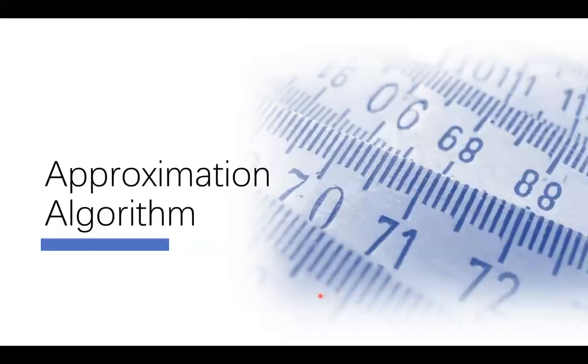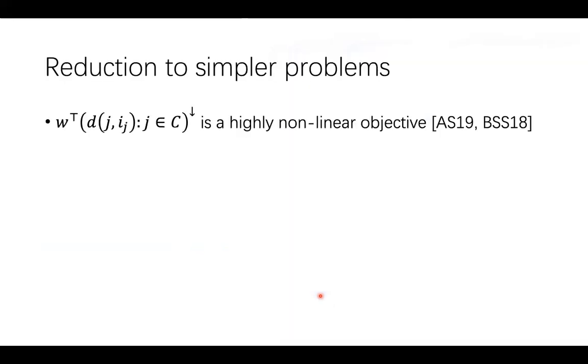And now let's move on to the approximation algorithm we propose for this problem in this paper. First, we can notice that the ordered objective is a highly nonlinear objective. What I mean by highly nonlinear is not that it's nonlinear in terms of the vector here.